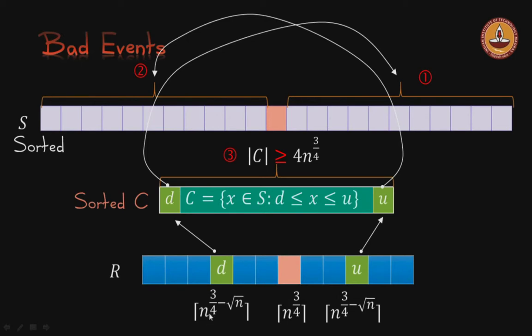I think there is one more small typo here, this median element has to be n to the 3/4 divided by 2. So, let me correct that over here. This whole thing is of length n to the 3/4.